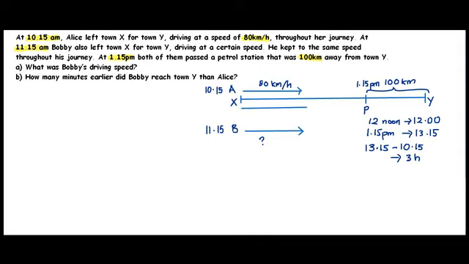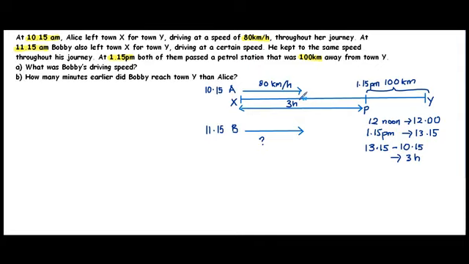So between X and P, we can indicate here 3 hours. Now that we know that it would take 3 hours for Alice to reach P, we can therefore find the distance between X and P. We know that Alice's average speed is 80 kilometers per hour.